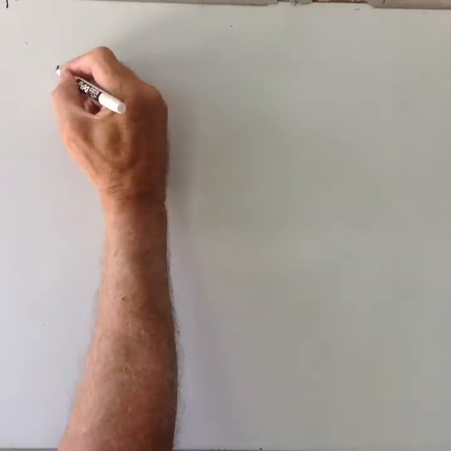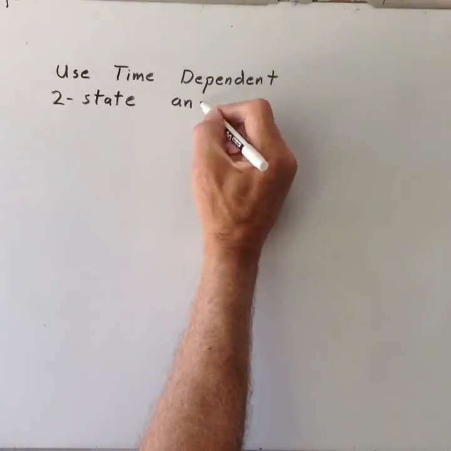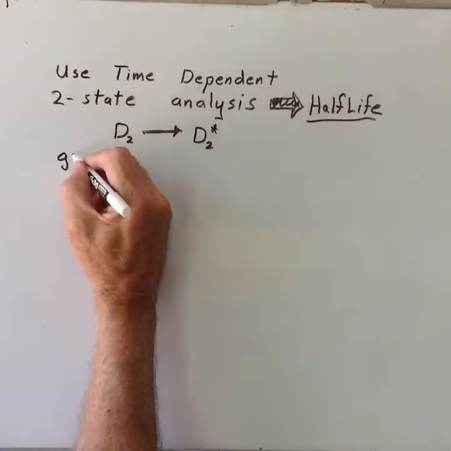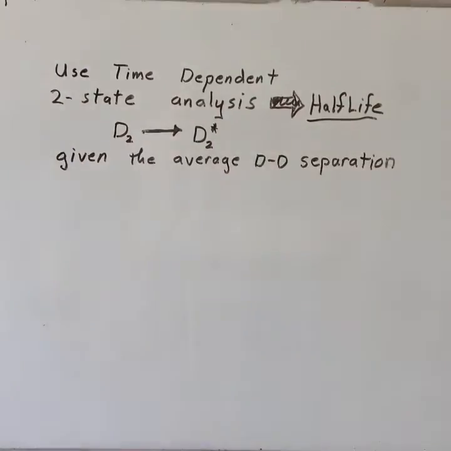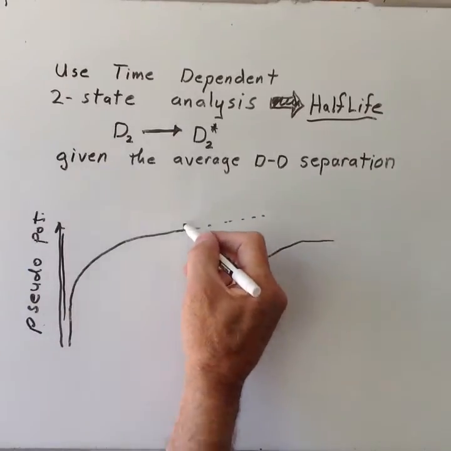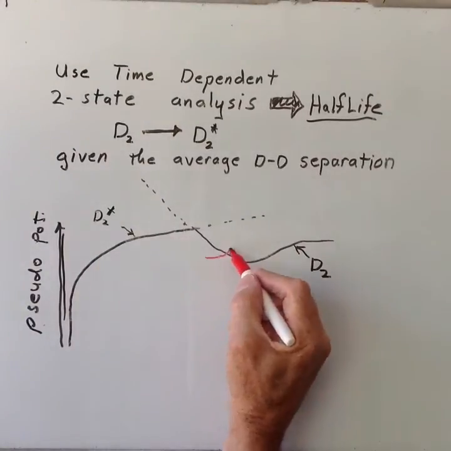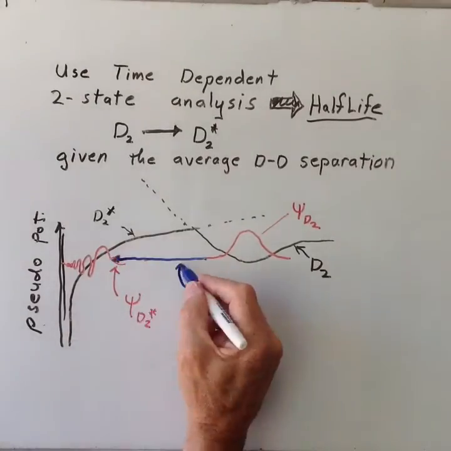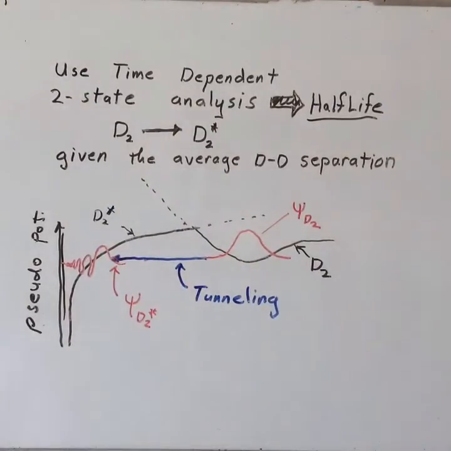We can again use the time-dependent two-state analysis to estimate the half-life of the transition of molecular D2 to the fusion intermediate. We have already described the intermediate wave function, and approximate molecular wave functions for D2 are readily available. The wave functions are sketched on the respective potentials for molecular D2 and the intermediate states. This shows the tunneling that must occur, which is the rate-determining step.